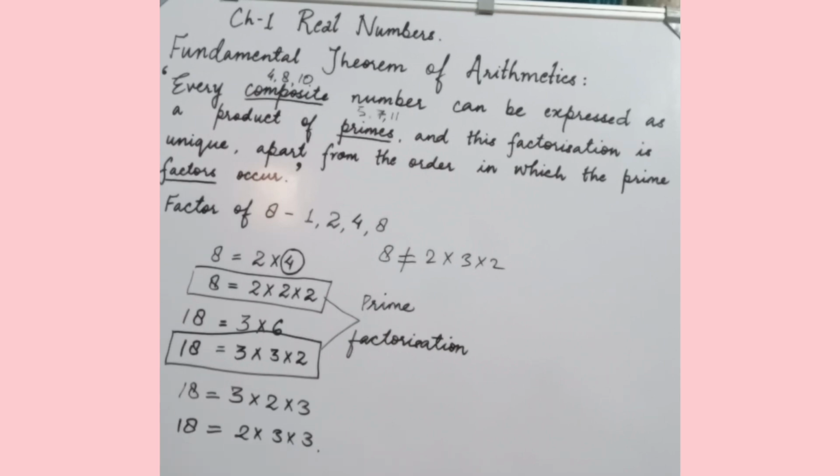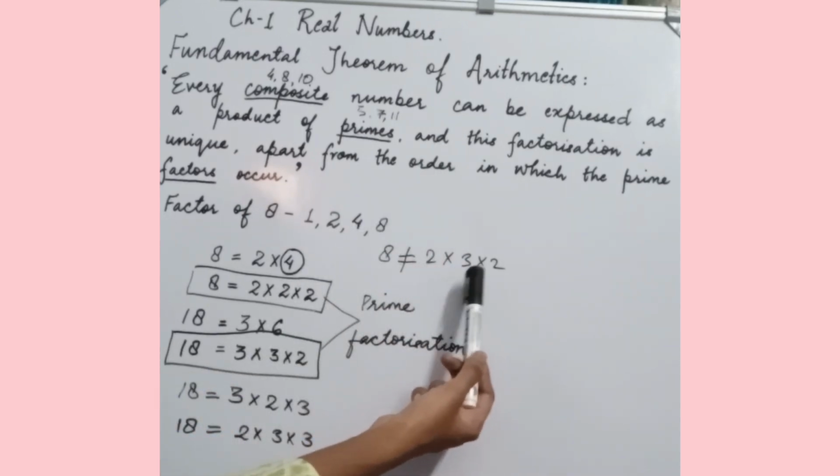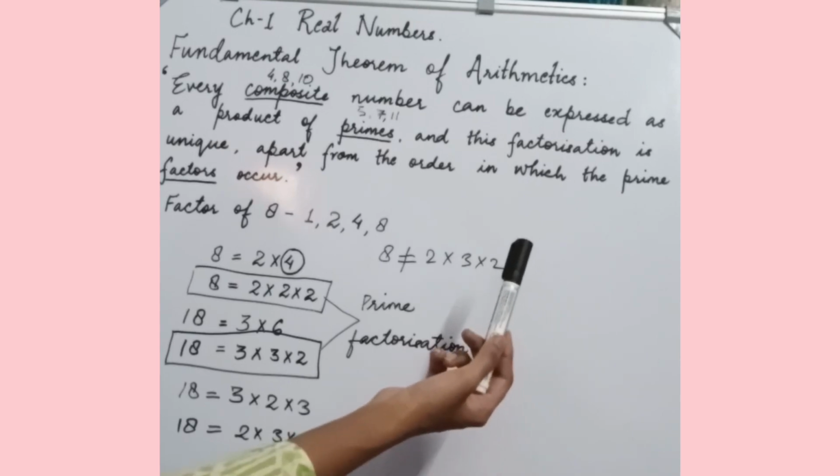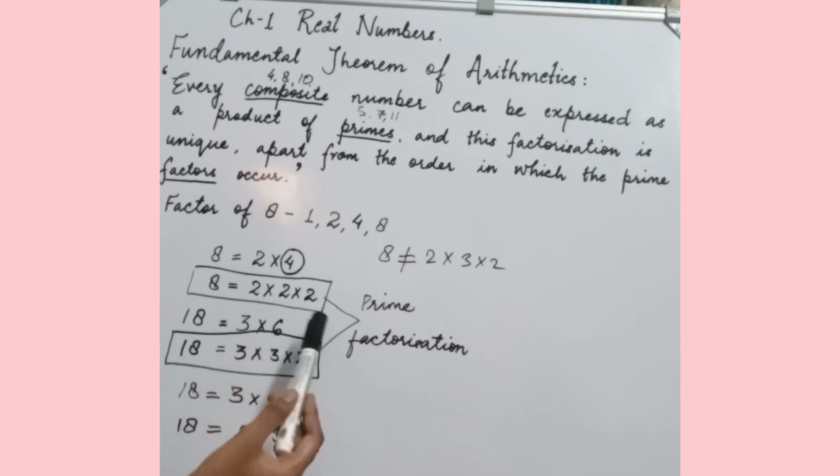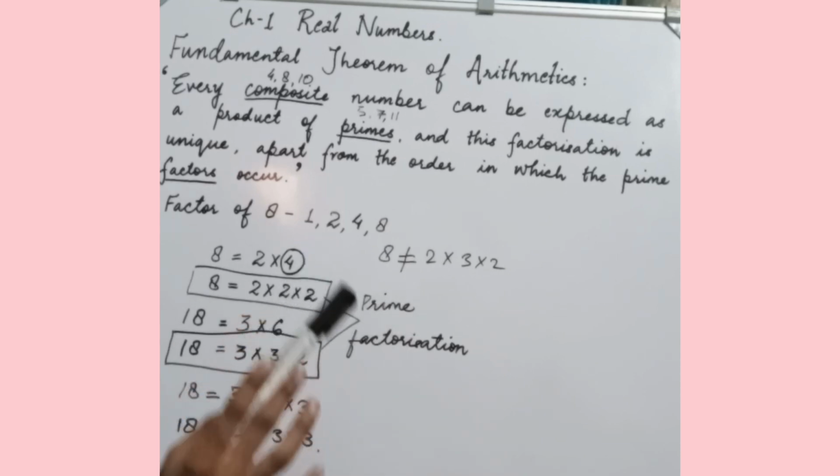We have understood the entire theorem, that every composite number can be expressed as the product of primes, and this factorization is unique. You cannot find any other factorization in which there are some different prime factors. No, this factorization is unique except for the order.